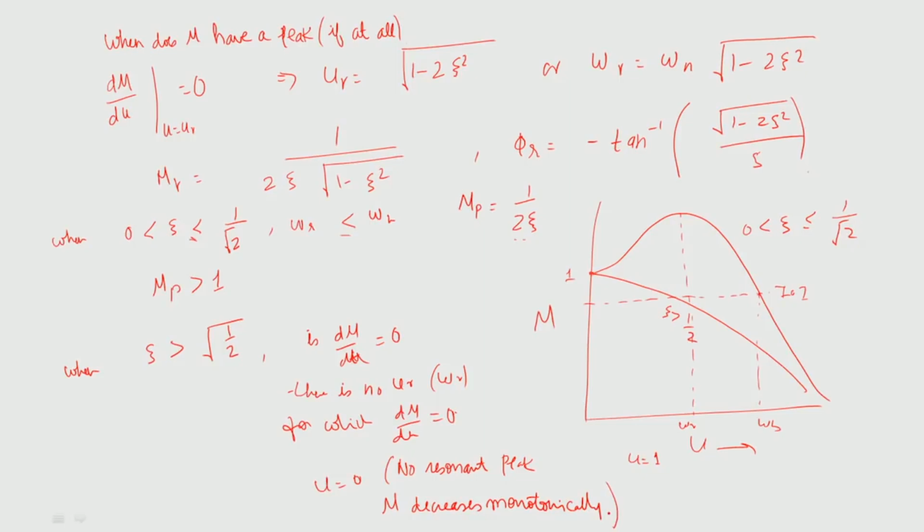Okay, then you see that, just look at these things over here. MR, what is this MR? Well, this MR is again depending on zeta. So, MR has some direct relation with the damping factor.